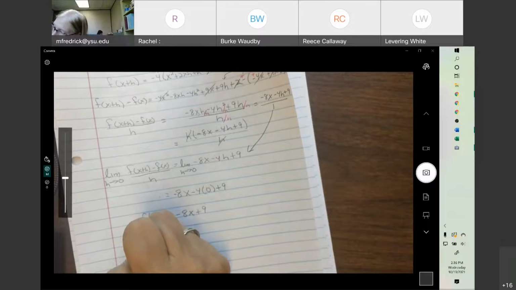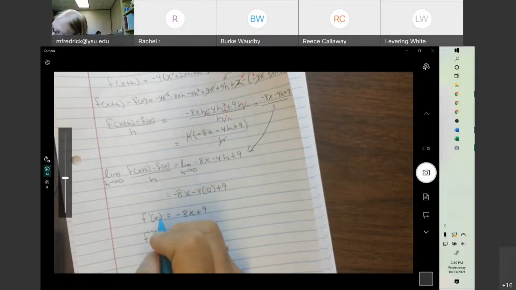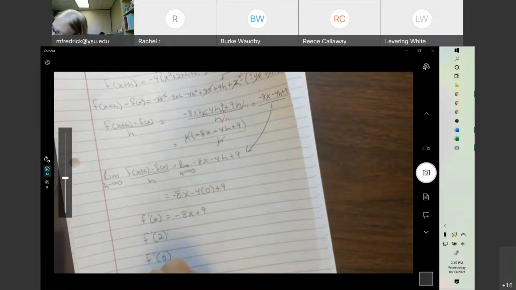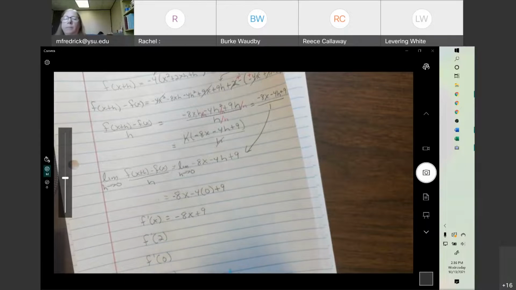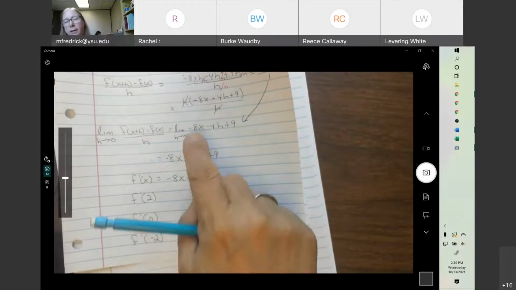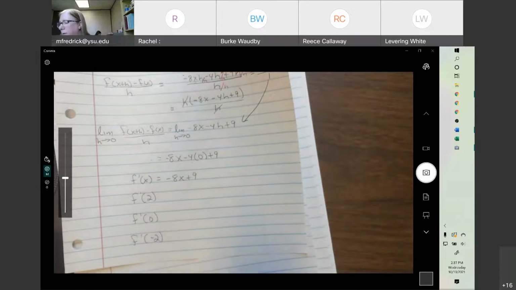So we wanted to find f prime at 2, at 0 and at negative 2. Well, once you find this one, then you just have to plug into here. You don't have to go through all the steps again.